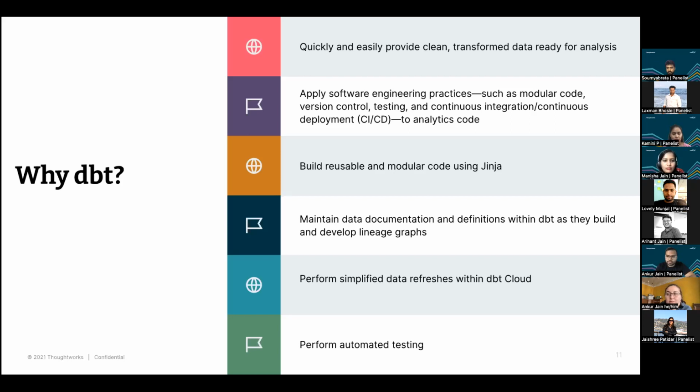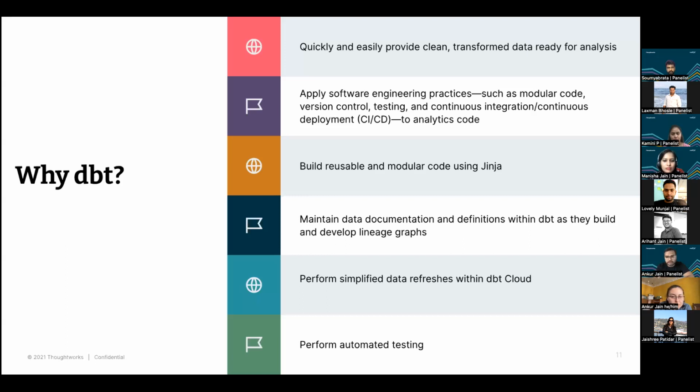There is reusability using the Jinja template, which essentially is just a templating language where the reusability part comes in. Then there is maintenance of documentation, which happens automatically. It generates documentation if you write a few lines of code, and it also does documentation of lineage, where you can see how your data is moving around different stages, which Manisha talked about, right, in the pipeline.